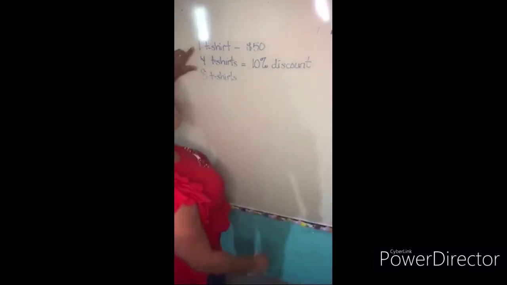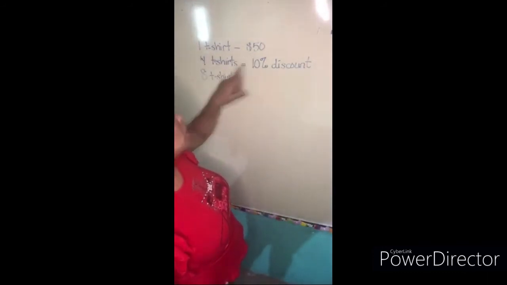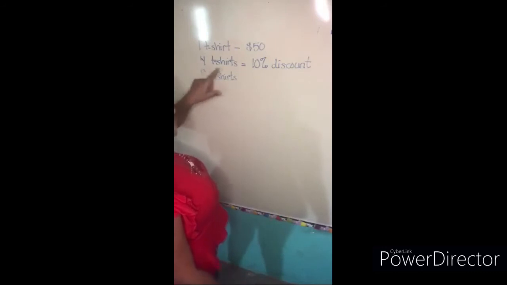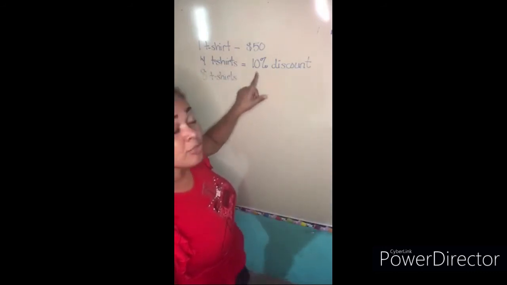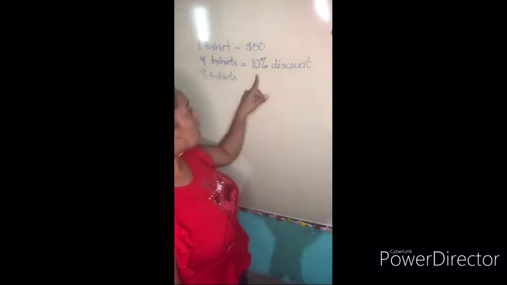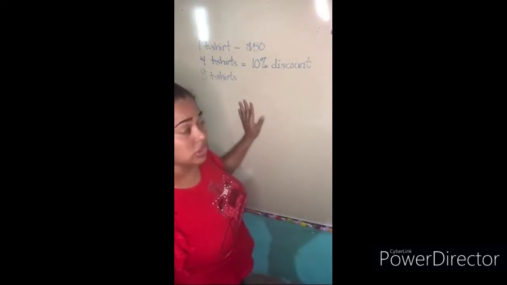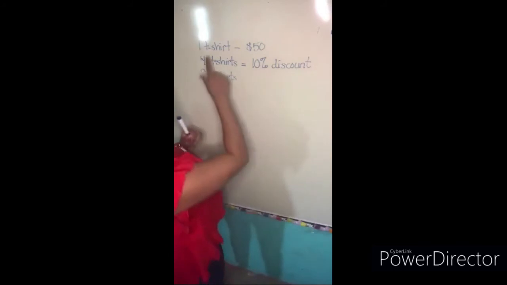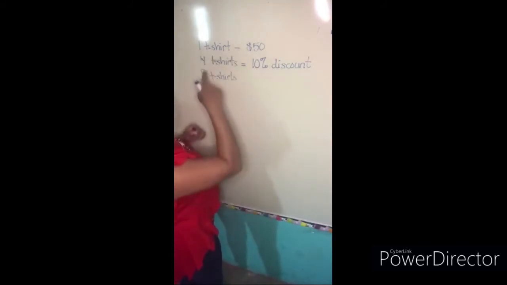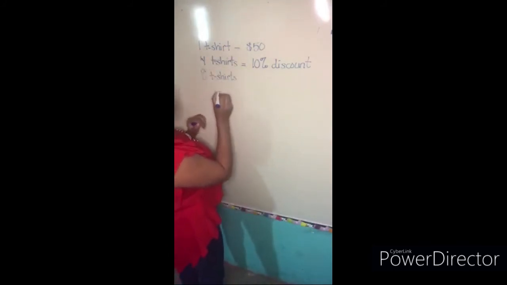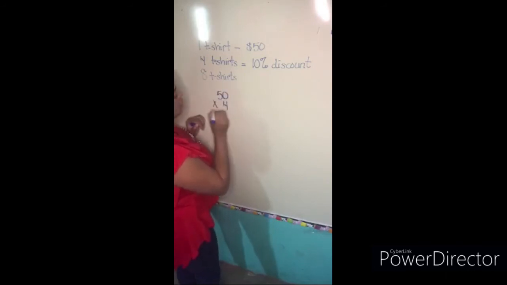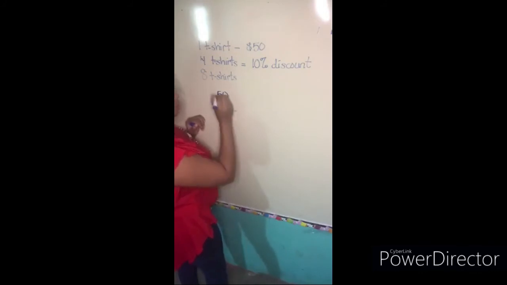So we already know one t-shirt is $50. We also know that if we buy 4 t-shirts, we're going to get a 10% discount. So they want to know how much you're going to pay for 8 shirts. All right? So one shirt is $50. So we want 4 shirts. So we need to multiply $50 times 4. 4 times 0, 0. 4 times 5, 20.